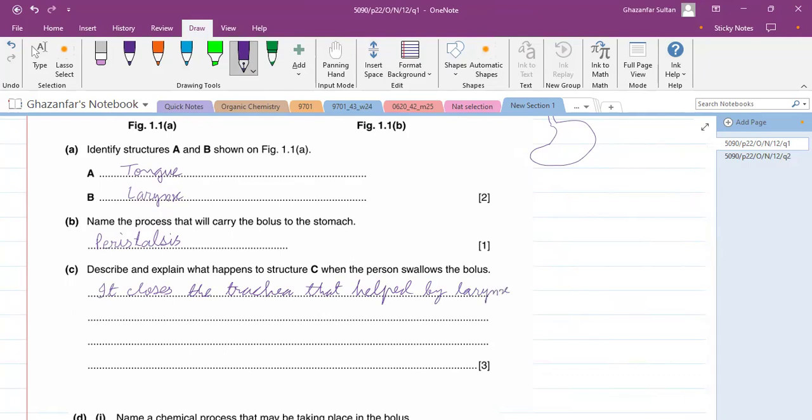and why is it closed? To prevent the entry of food into the windpipe.